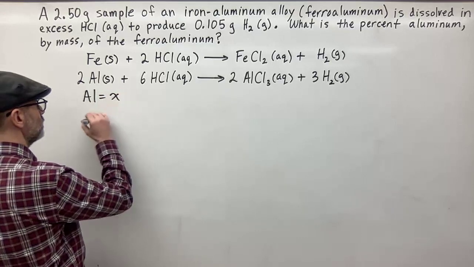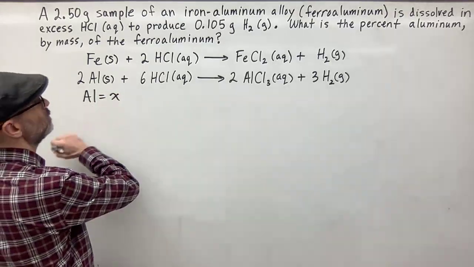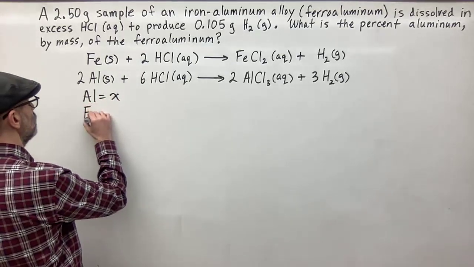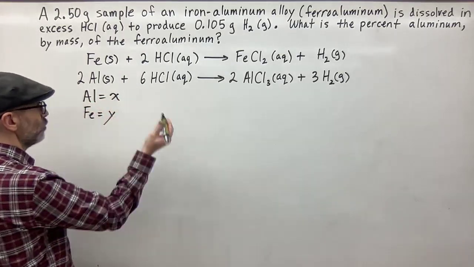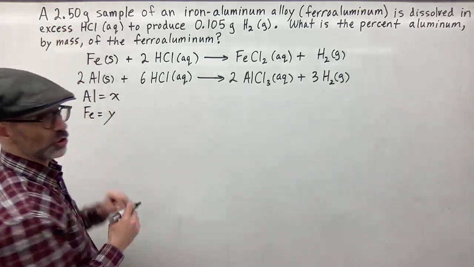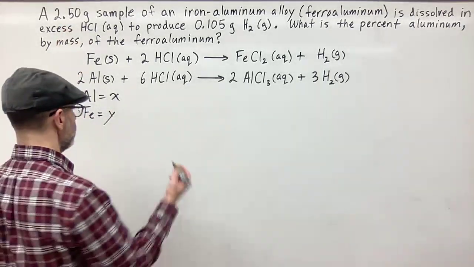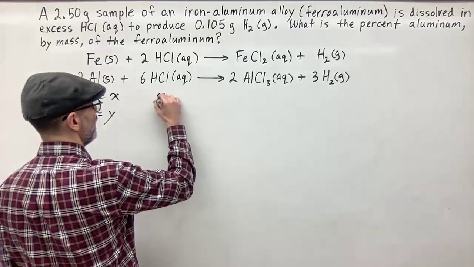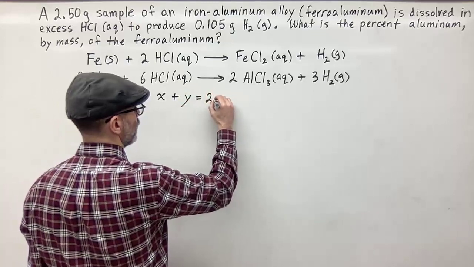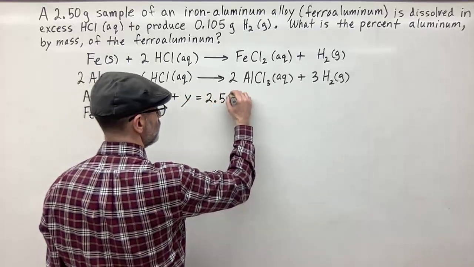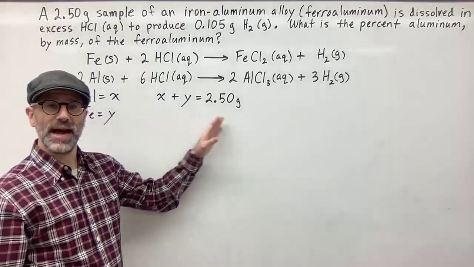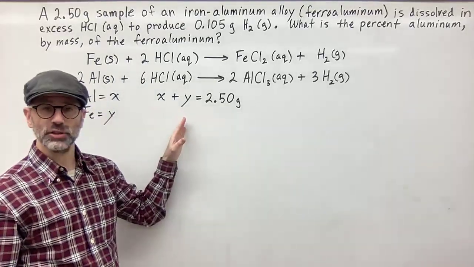Aluminum is X, and we'll say that iron is Y. So then if we know that both of these together are equal to 2.50 grams, then our equation would be X + Y = 2.50 grams.